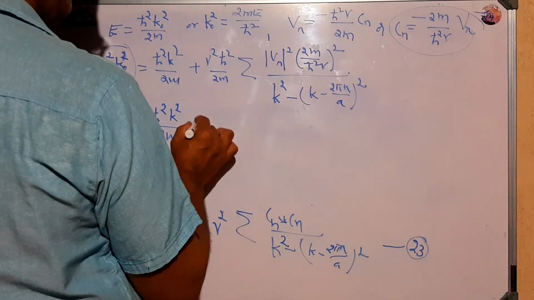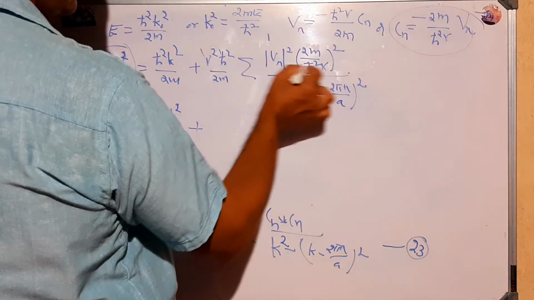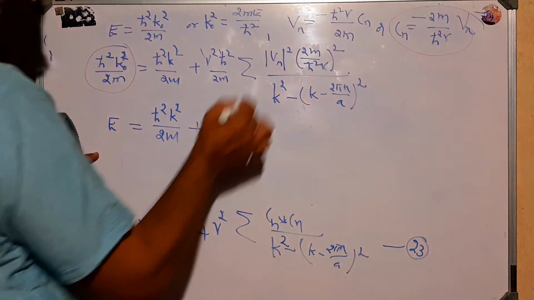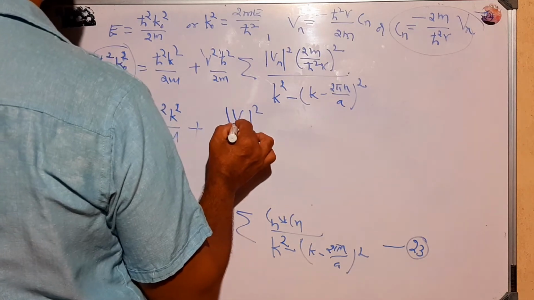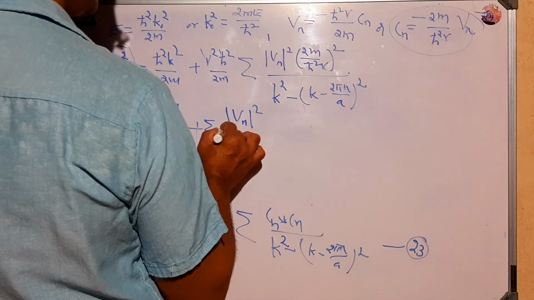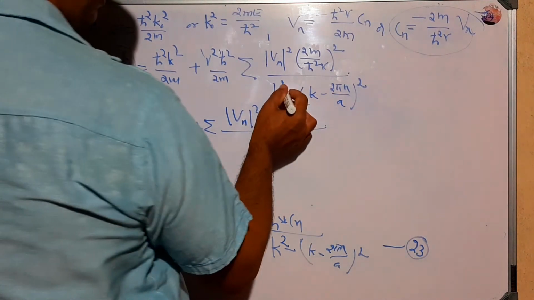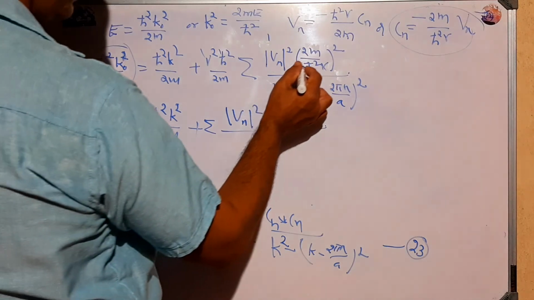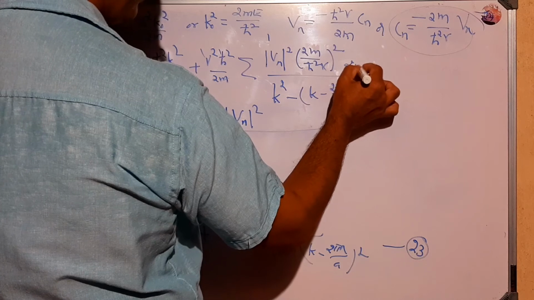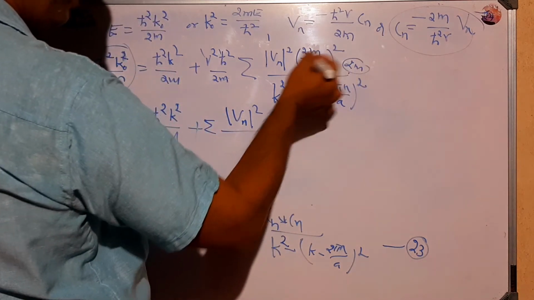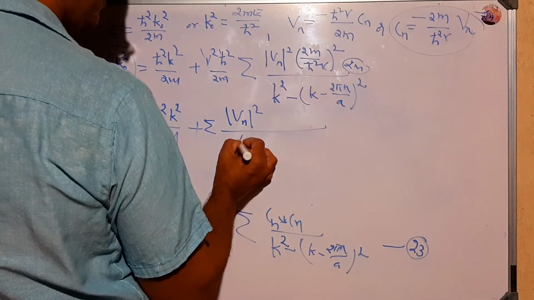plus, now you can simplify. See, gamma square gets cancelled. One h cut square is here. Then the remaining term is modulus of Vn square, sigma is there, right? Divided by, what else remains? Here, see, 2m gets cancelled. So one 2m remains in the numerator. You bring it to the denominator. Then this h cut square is here.